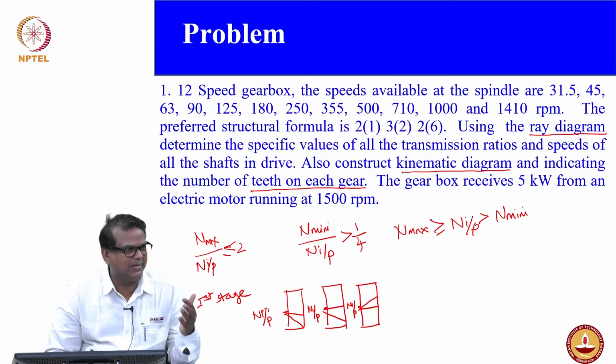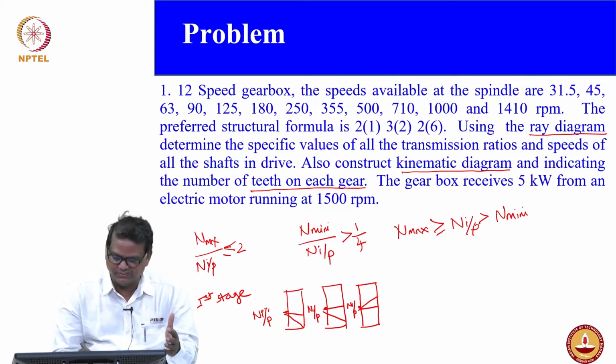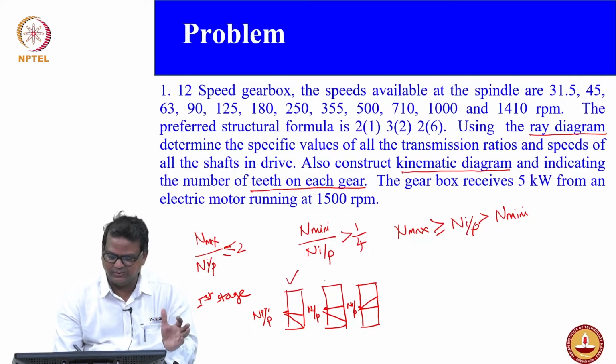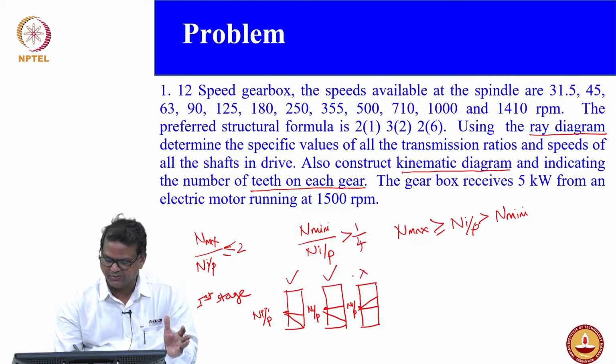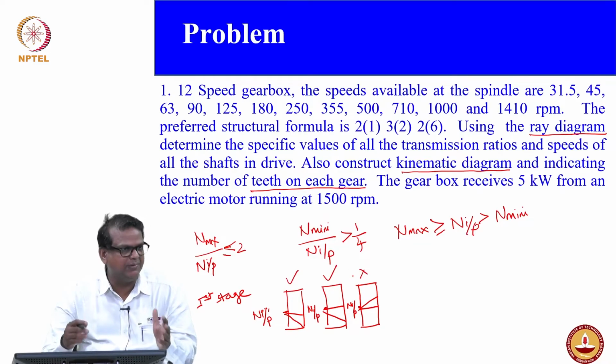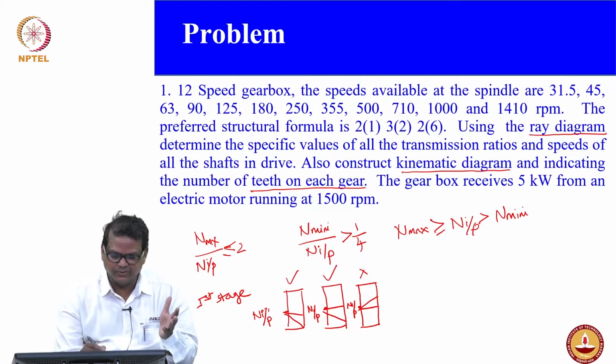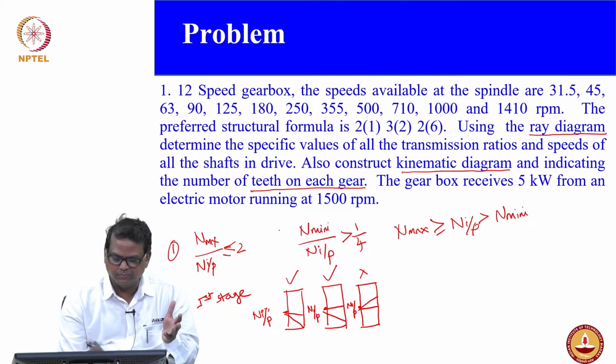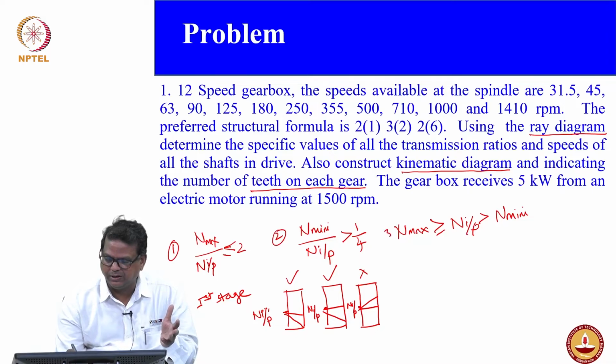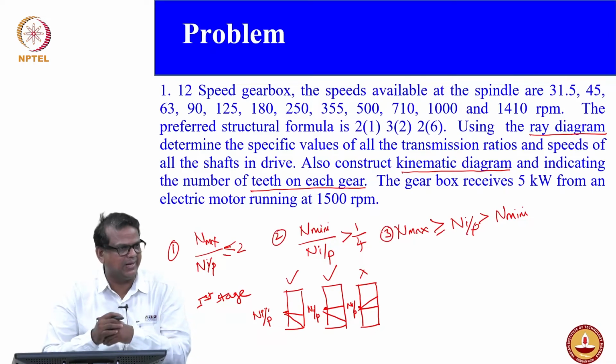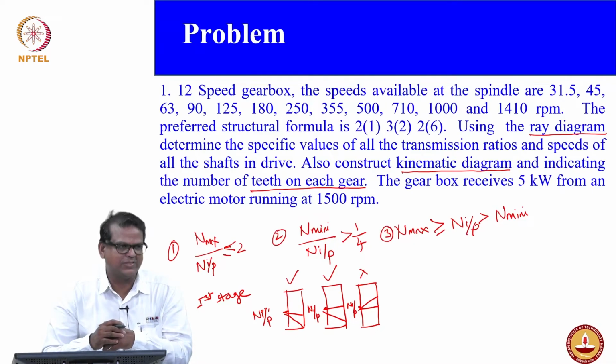The purpose of the gearbox itself is speed reduction, right. At the beginning itself you do not want this type of combination. This is possible, you can do that, but not this one. That was the reason we clearly mentioned thumb rules 1, 2, 3 are applicable to all stages except the first stage.